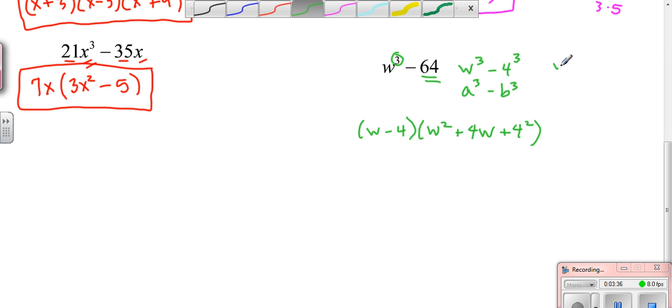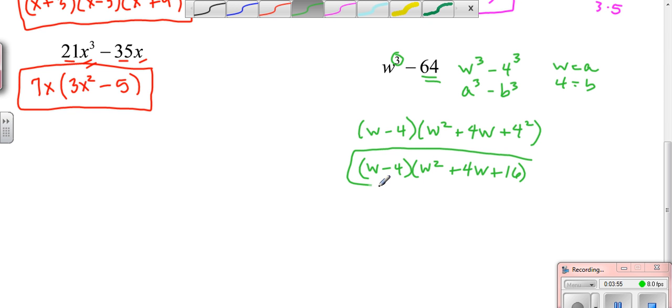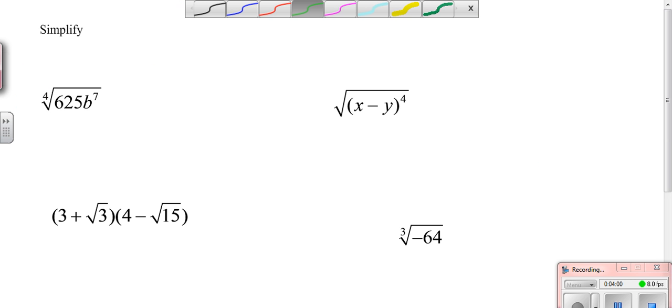So in this case, W was my A, 4 was my B, and I just go ahead and follow the pattern. Then you're going to want to go ahead and clean it up. And really the only cleanup you have to do is at the end here. And that is how you factor the sum or difference of perfect cubes. It's just a matter of following that pattern.